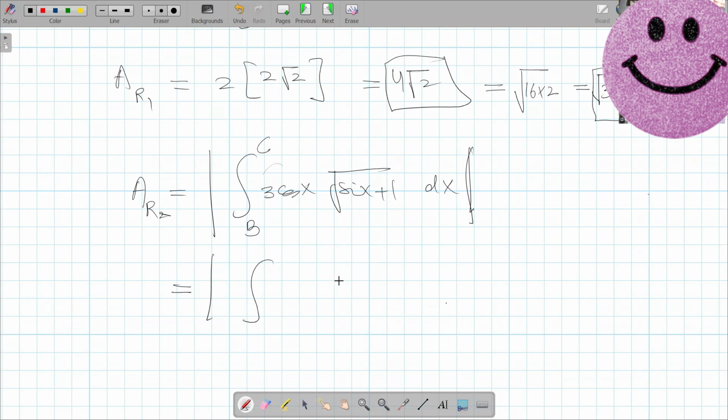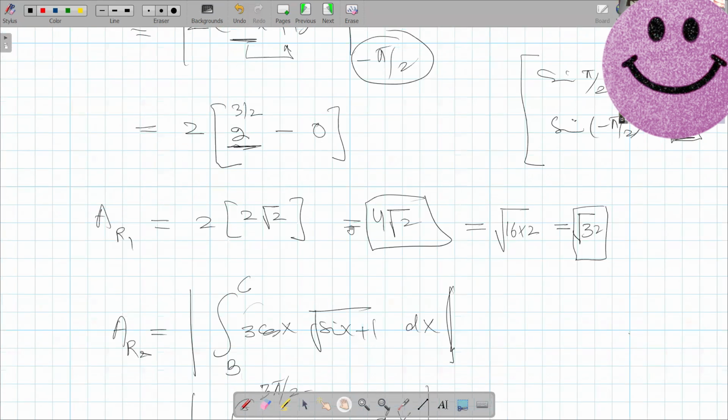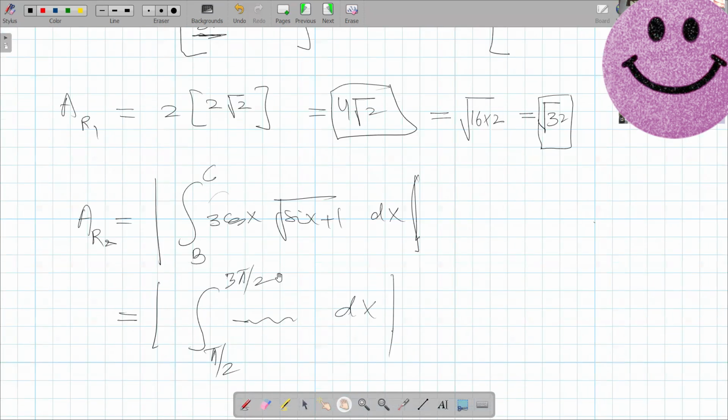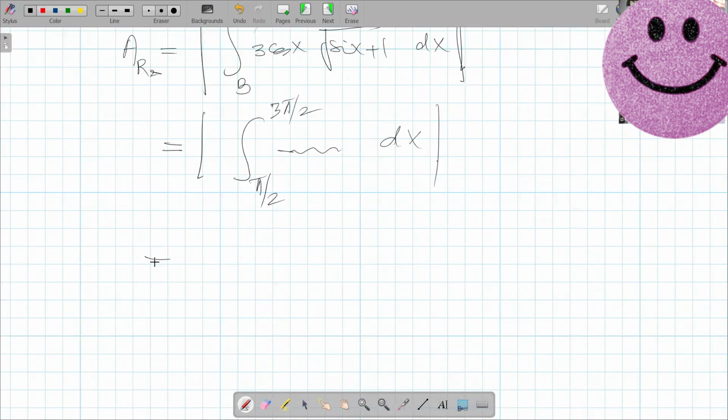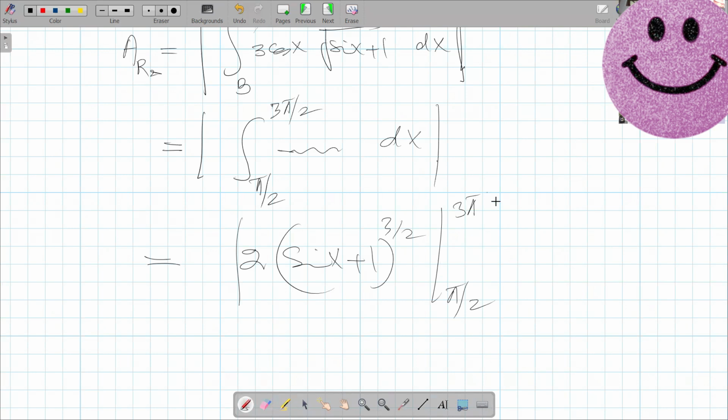B is pi by 2 and C is 3 pi by 2. We know the antiderivative already: 2 times sin x plus 1 raised to the power 3 over 2, with the limits pi by 2 to 3 pi by 2.